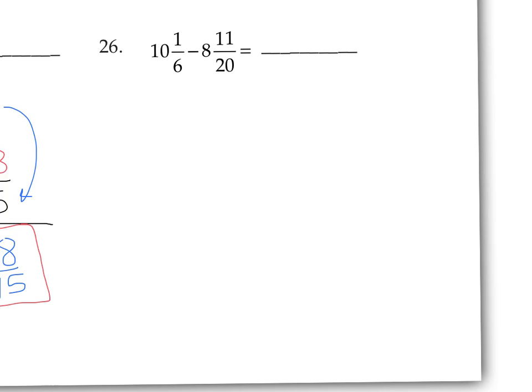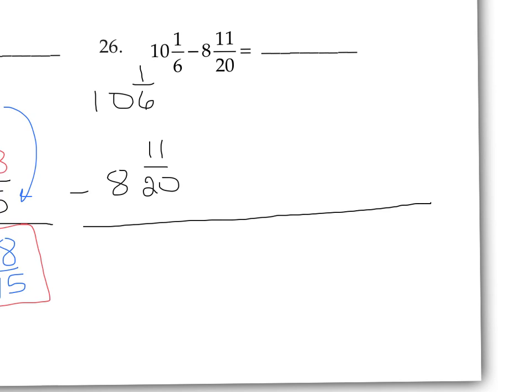Number 26 is a subtract. We have 10 and 1/6 minus 8 and 11/20. In subtraction, sometimes the best course of action is to change them to improper fractions, or you're going to end up having to borrow sometimes.